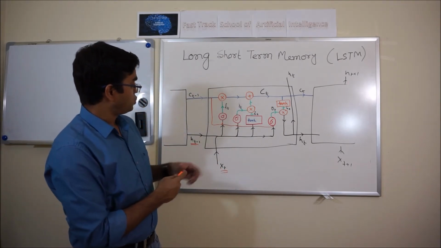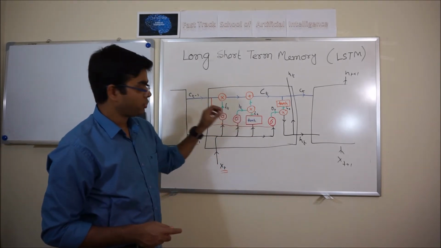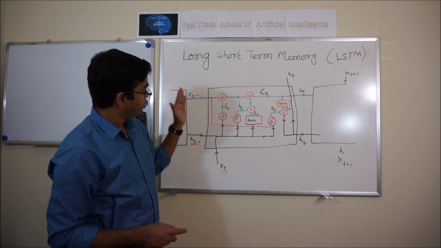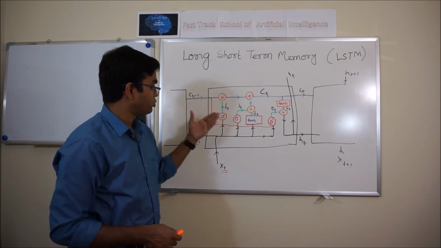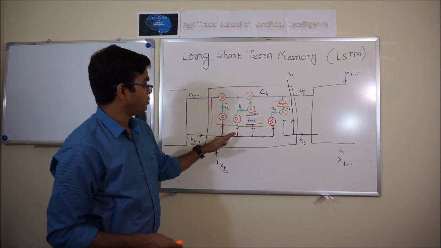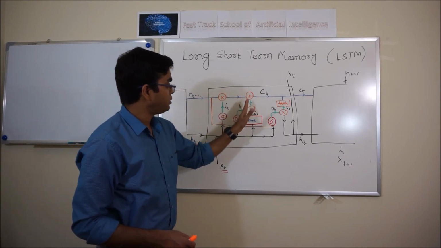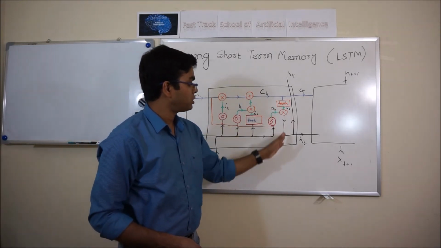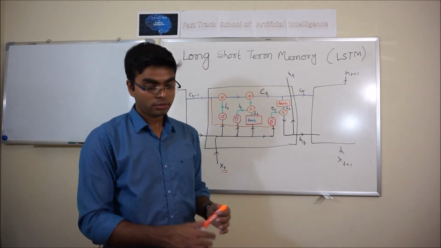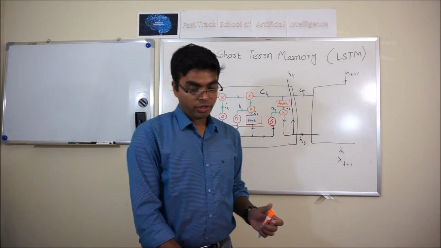So this is another version, and they consider the previous cell state while deciding which information to forget, which information to add to the cell state, and which information to produce as output for the next layer.